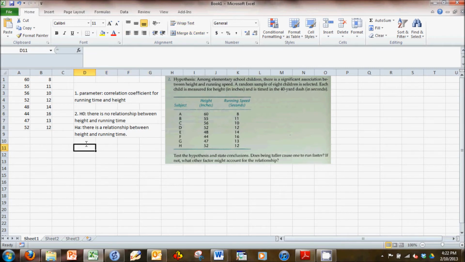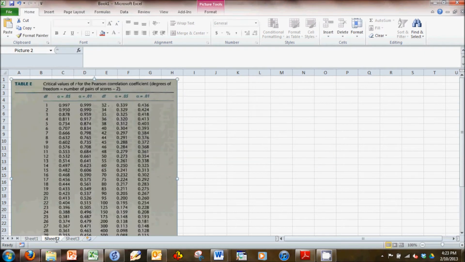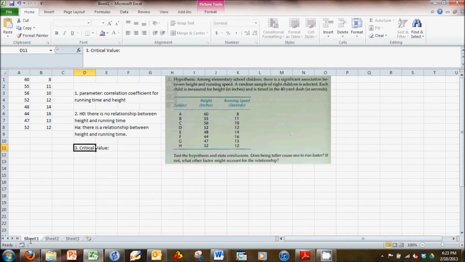Okay, number 3 is the critical value. To get this, we're going to look at table E, I believe it is. I've copied that over here. And notice that at the very top, it even tells you you need to take the number of pairs of scores minus 2 for your degrees of freedom.